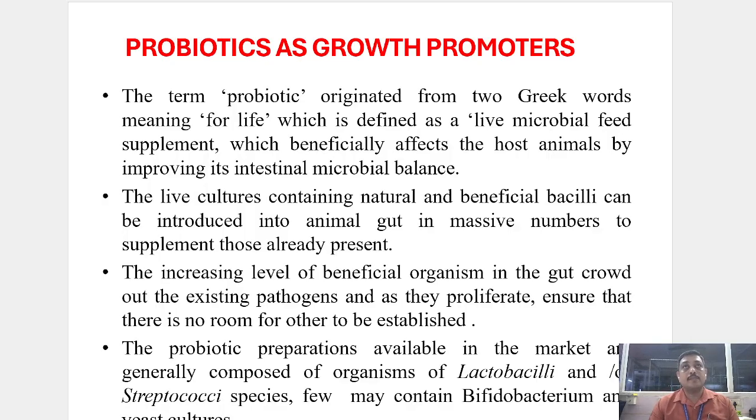So the probiotics preparations which are used for animal biotechnology are already available in the market, and they are generally composed of microorganisms, especially lactobacilli, and or in combination with streptococci species. In certain cases, it may also contain bifidobacterium and yeast culture.